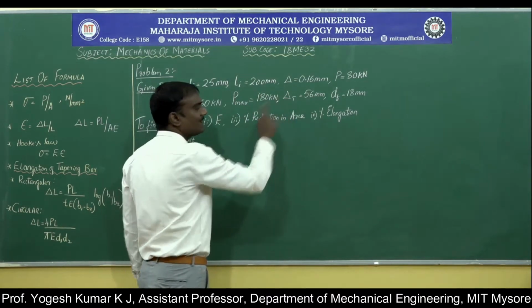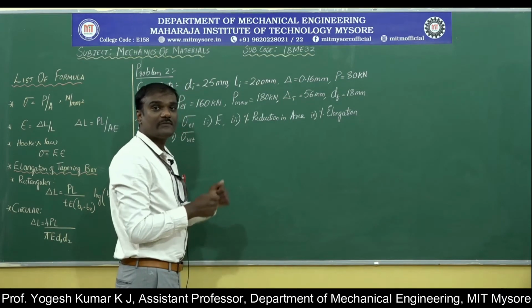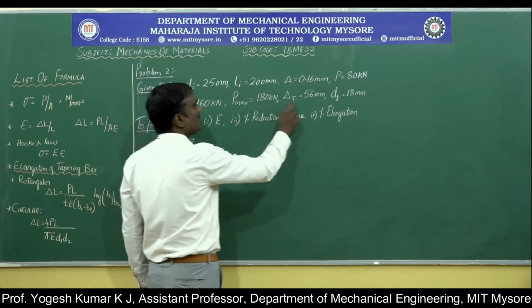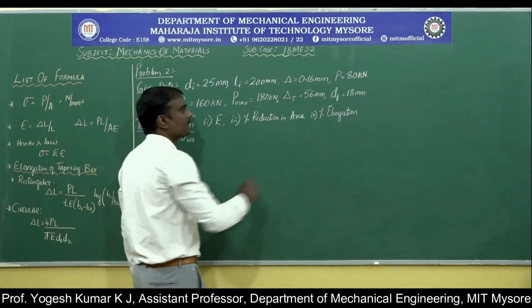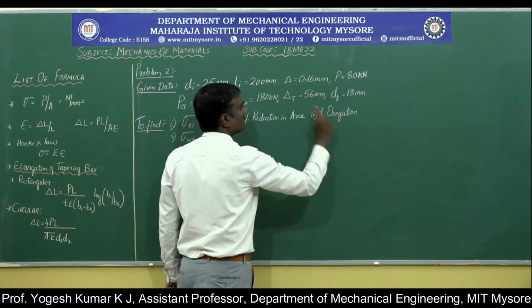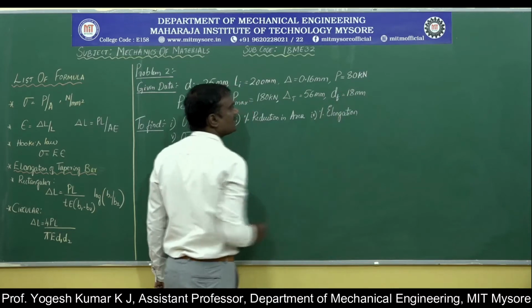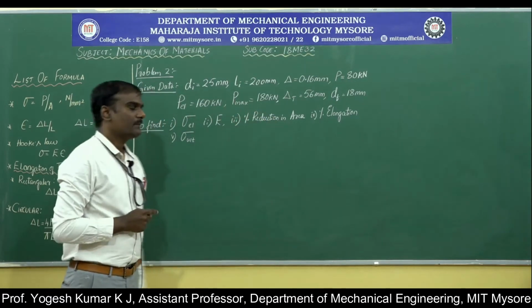Then the final extension, or extension at the fracture, is the phase where the specimen has broken into two halves. At that time, the final extension is 56 mm and the final diameter, or the neck diameter, is 18 mm. These are the data given in the problem.